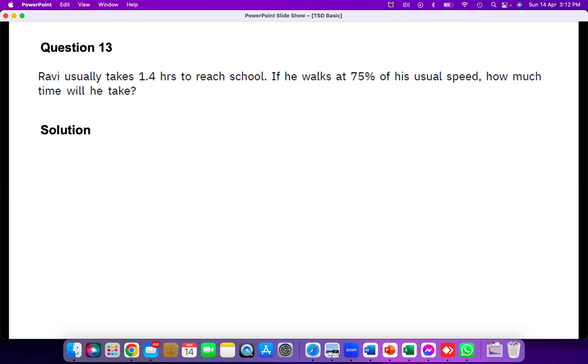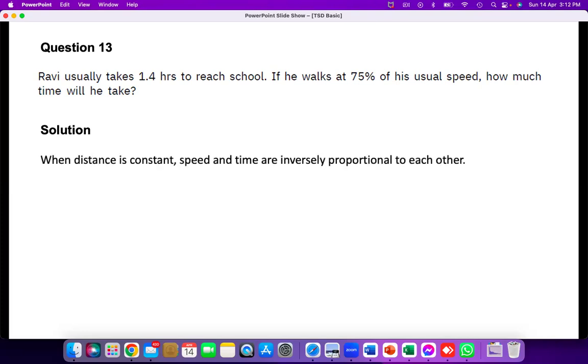1.86 hours. Yes, sir, 1.86. Again, ratio of speed is 4 is to 3 because his speed is 75% of usual speed.